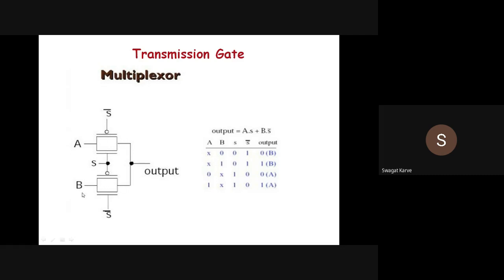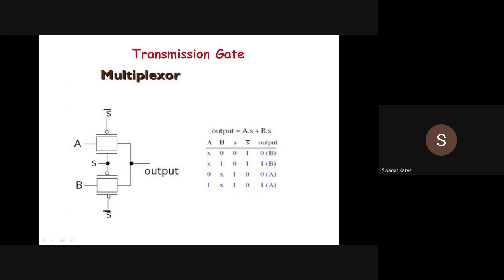Now what will happen in case of this B pass transistor? Here it is 0, so it will be 1. That means now this transistor will be a closed switch, that means it is conducting. And for this transistor it is 1, it is 0, this is the open switch.